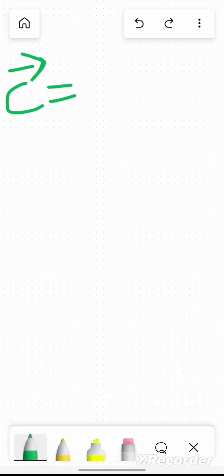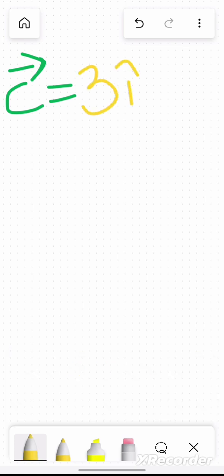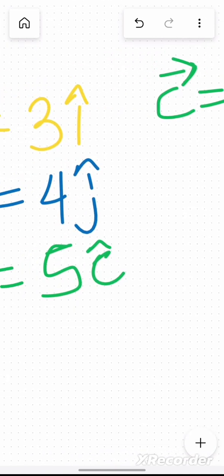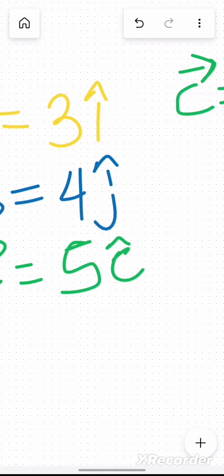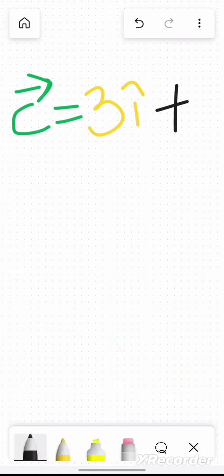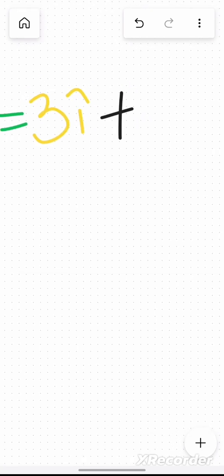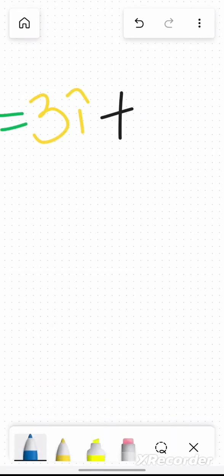So vector C is equal to 3I cap, plus, since B also is a component of vector C, plus 4J cap.